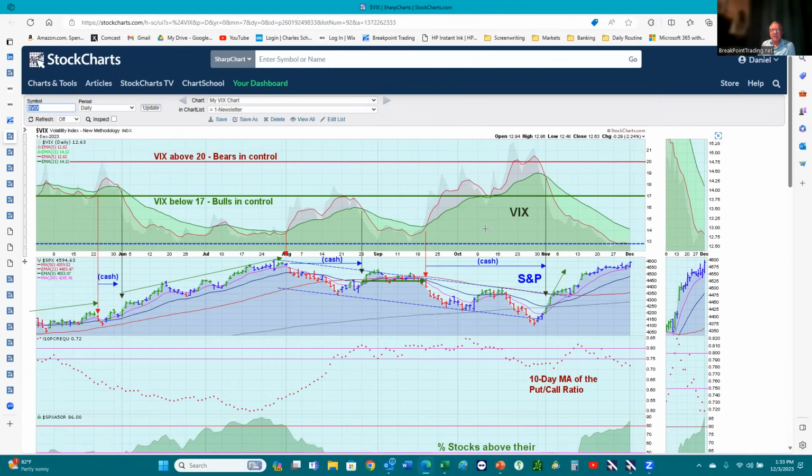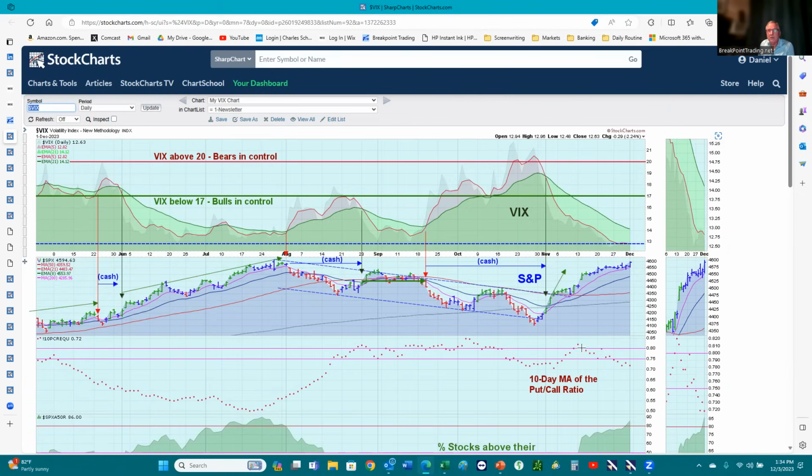The VIX is a volatility index. It basically measures what the volatility in options is 30 days out. So it's a little bit of a future-looking indicator. But when it's that low, that means it's very cheap to buy volatility, and premiums are cheap to buy puts, which is sort of what happened down here. You can see the put call ratio.